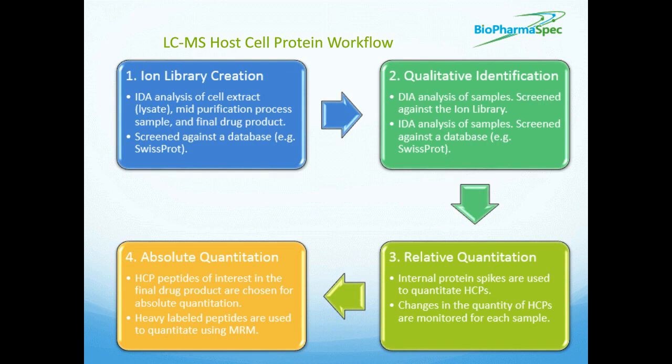The BioPharmaSpec approach is to use a SCIEX workflow with SWATH acquisition for our host cell protein analysis. SWATH acquisition is very powerful because it's extremely sensitive. SWATH uses mass isolation windows stepped across a mass range to cover a mass to charge distribution of peptides.